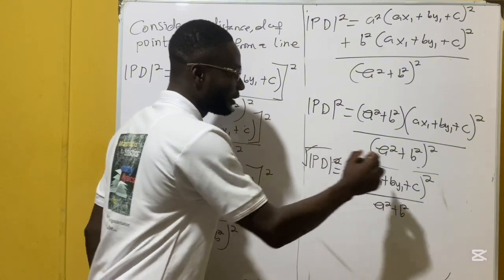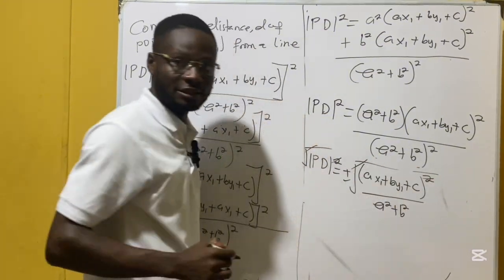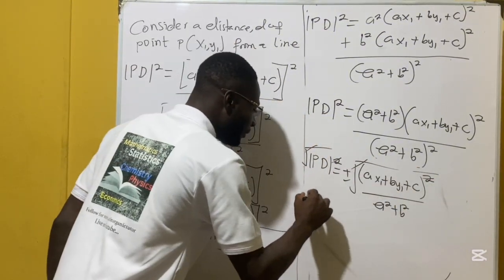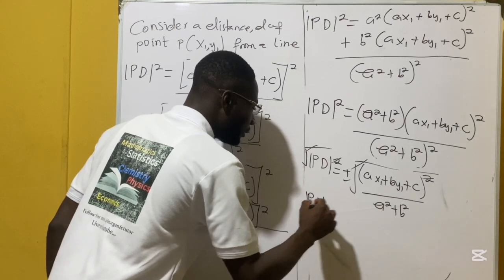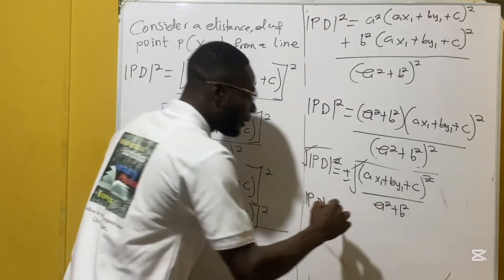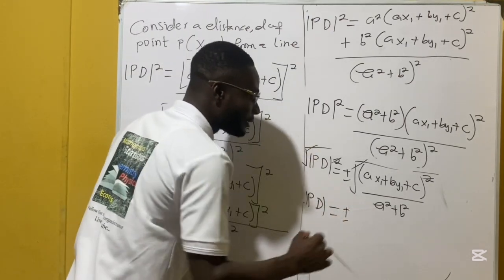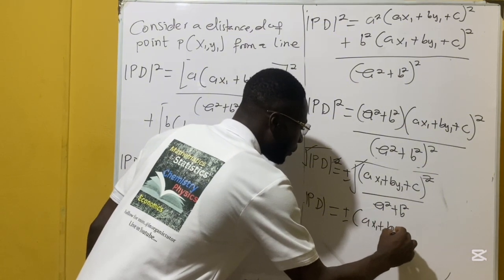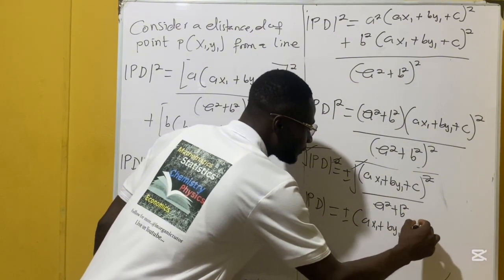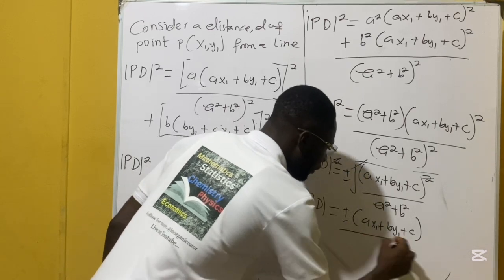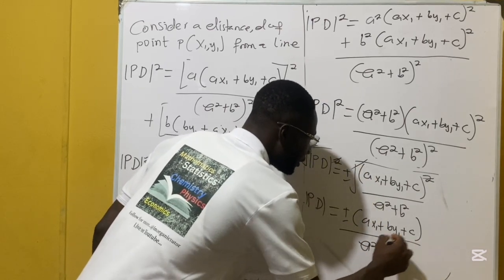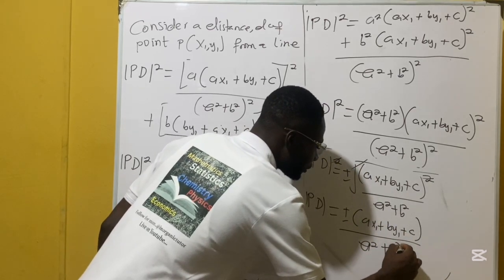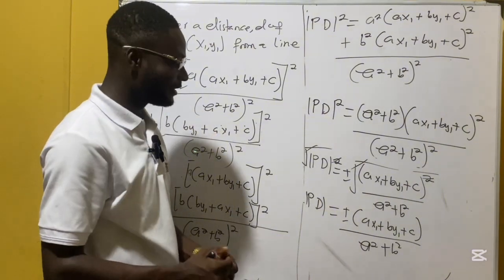So PD equals plus or minus ax1 plus by1 plus c all over a squared plus b squared, right?